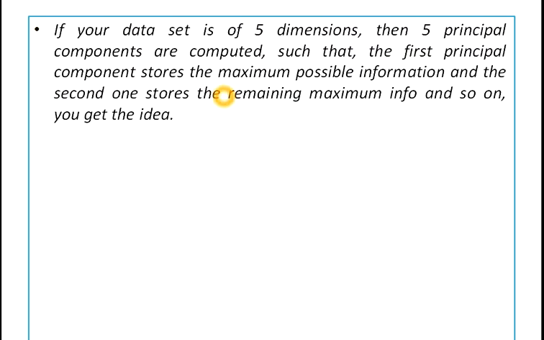So if your dataset has 5 dimensions, then 5 principal components are computed such that the first principal component stores the maximum possible information, the second one stores the remaining maximum information, and so on. So you get the idea.